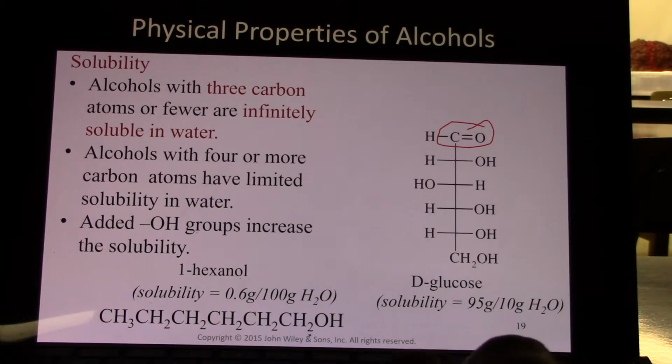So we see that 95 grams of D-glucose will dissolve in 10 grams of water. So let's times it by 10 again, and you get 950 grams of glucose dissolving in 100 grams of water. So it's much, much more soluble.